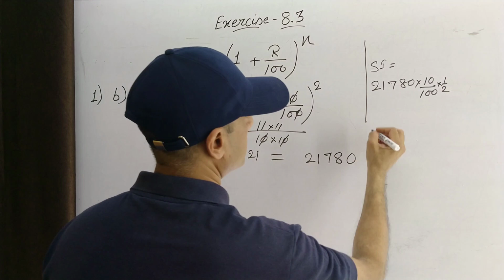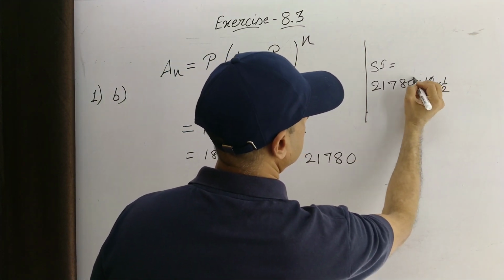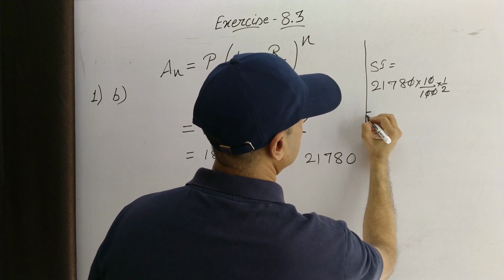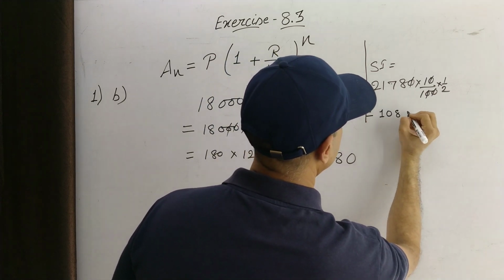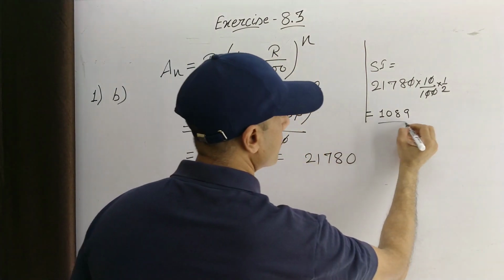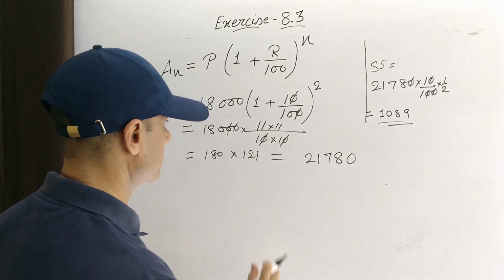Clear? 6 months. So let's solve this. So this is the amount of interest for 6 months.